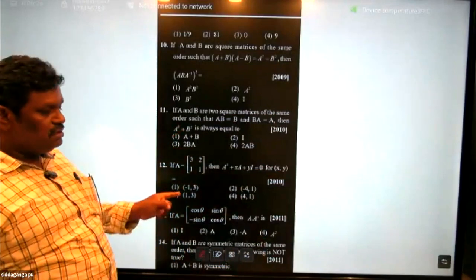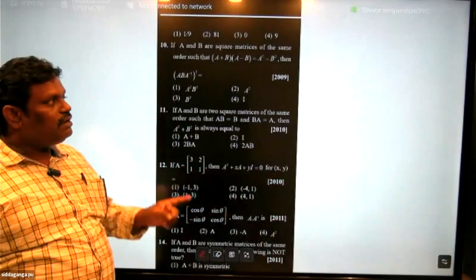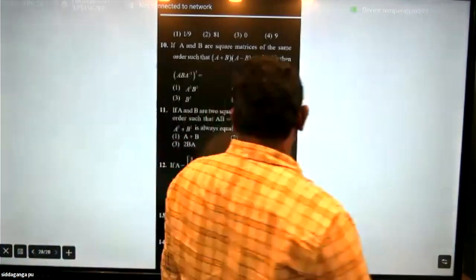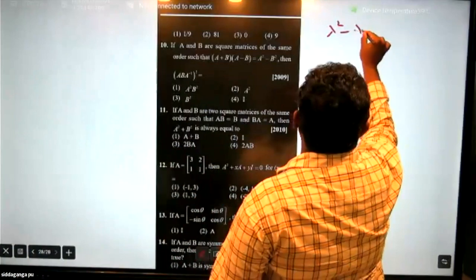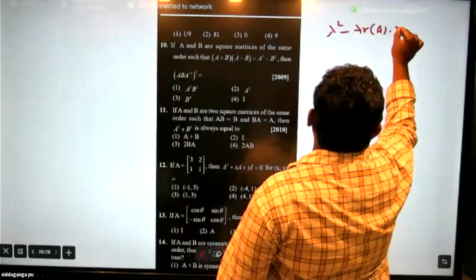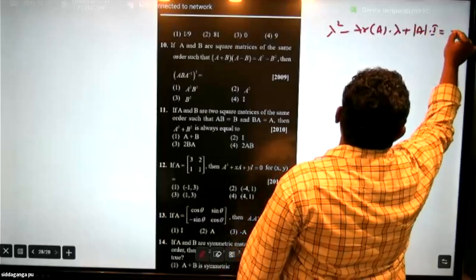Next, I already explained this one, same model: the characteristic equation. For a matrix, the characteristic equation is lambda square minus trace of A into lambda plus determinant of A into I equals 0.